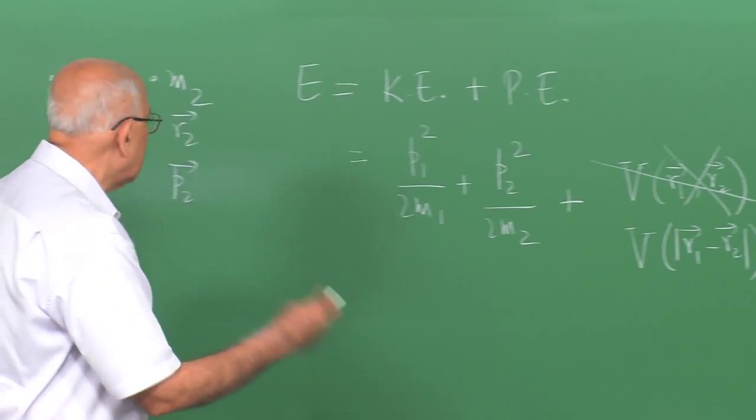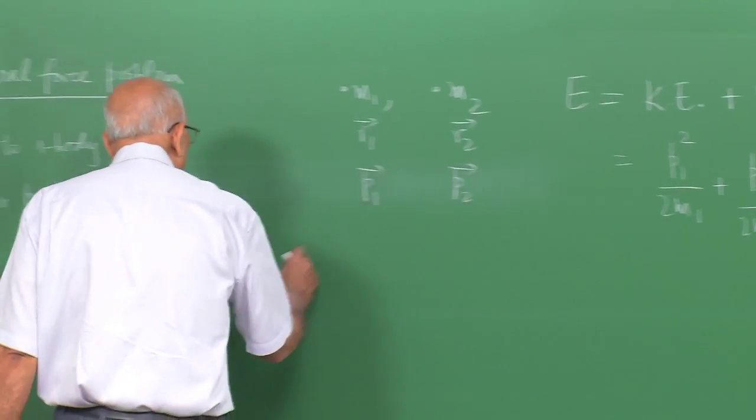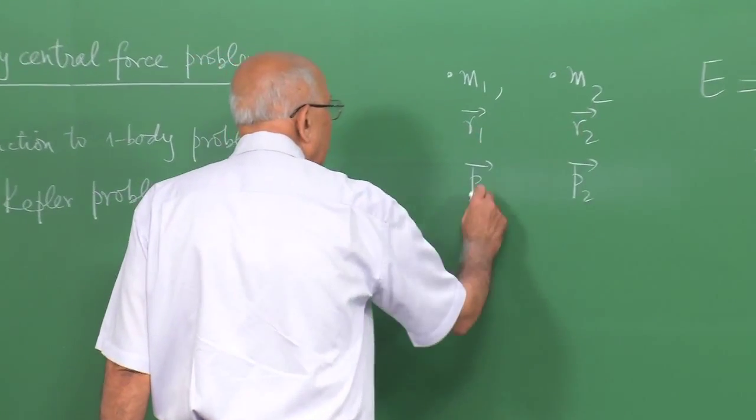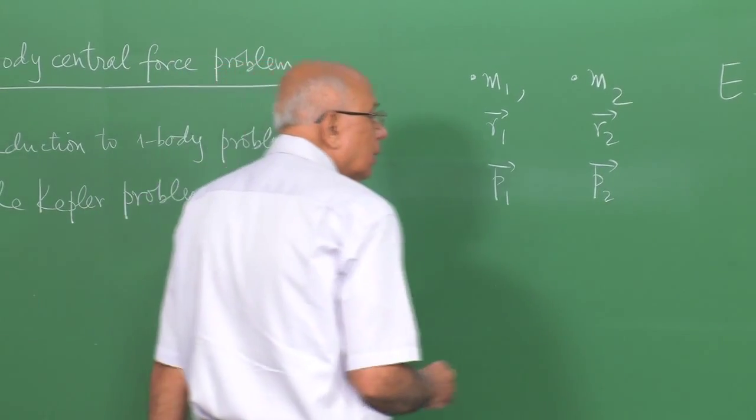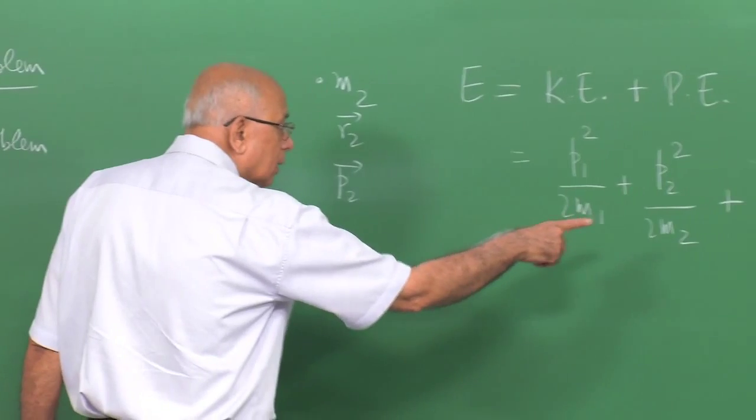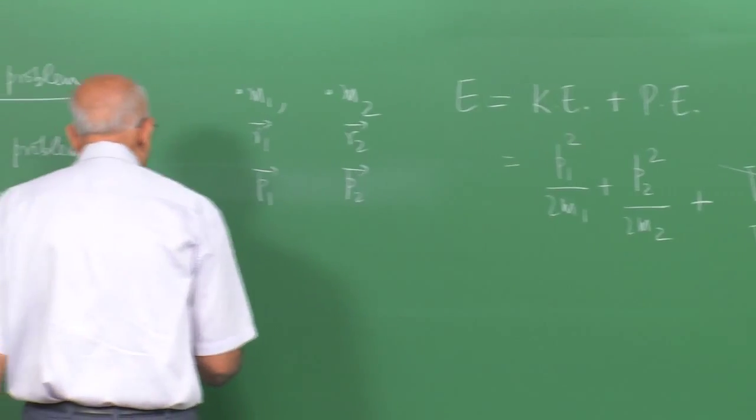It immediately suggests that we should not use the coordinates r1, r2, p1 and p2, but rather a coordinate which specifically is a linear combination of r1 and r2 in the following sense.